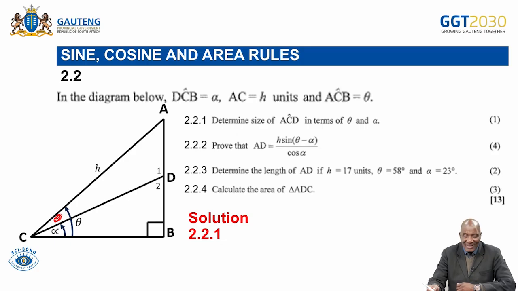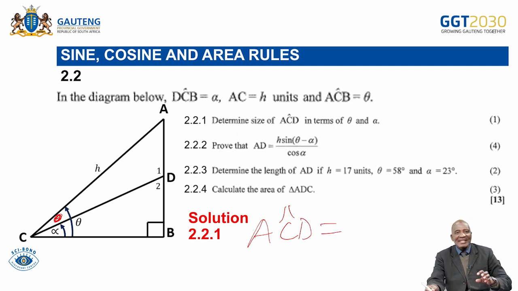Let's write down that answer in terms of theta and alpha. 2.2.1. We can answer that one for 1 mark. Determine the size of angle ACD in terms of alpha and theta. So our ACD angle equals, what you should realize in this diagram is that the whole of that angle C is theta degrees. Then we decide to cut out or slice out alpha degrees.